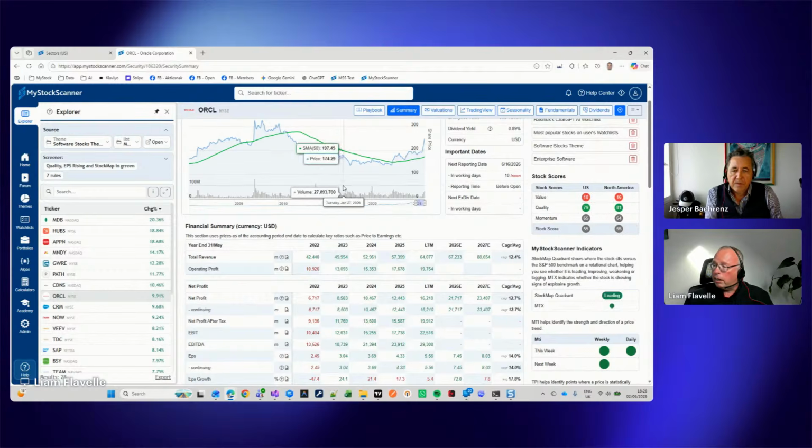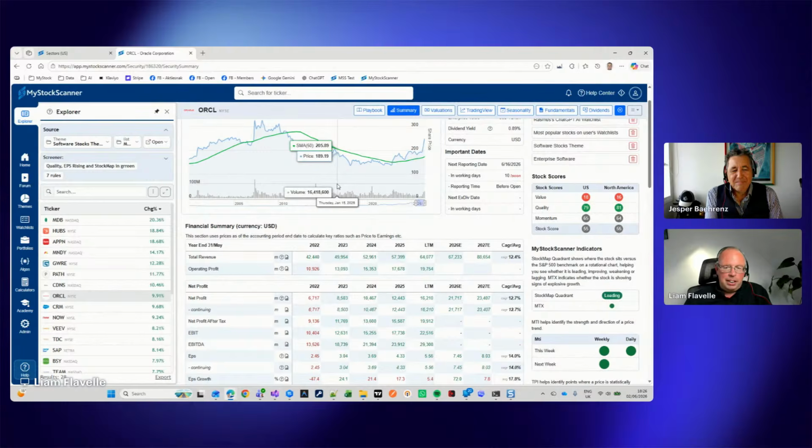Yeah, no, and this is the key thing. The direction that we're moving from a tech point of view is to really use the name My Stock Scanner, and it's already a good place to find stocks and find information on stocks. It's going to be pretty much the place you go to find stocks, because these are tools that I can't actually invest without anymore.